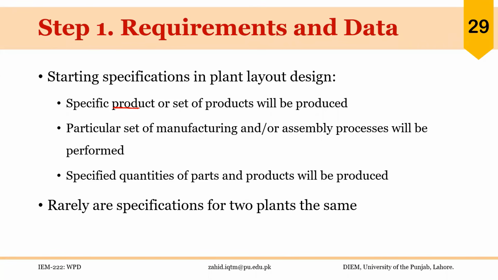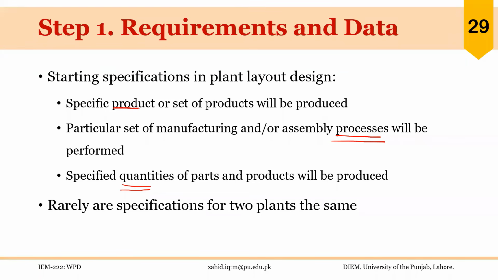It could be a single product if it is a dedicated production facility, or it could be a family of products. The second important consideration is the particular set of manufacturing or assembly processes that will be performed. Both are important: the product that you're going to make and the processes required to make that product. And the third point is the quantities of parts and products that you anticipate producing.